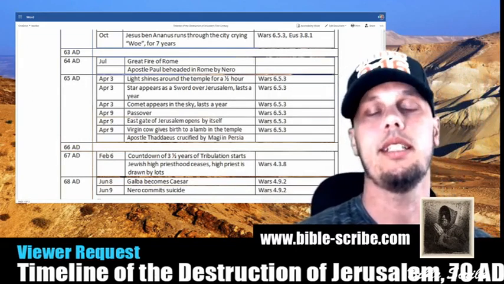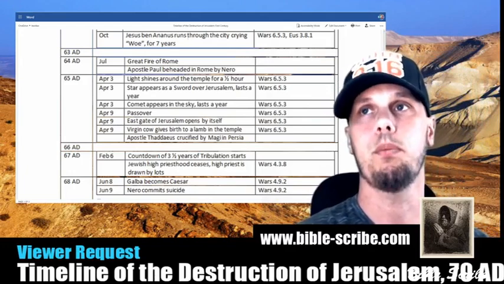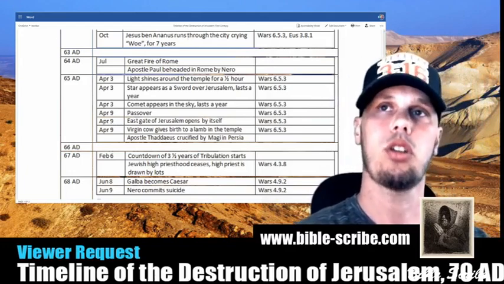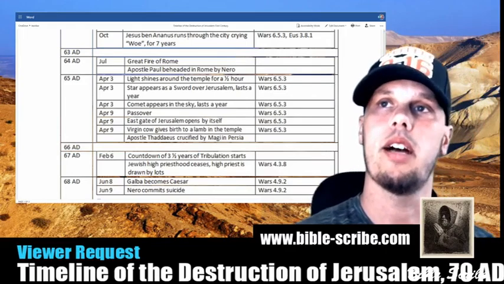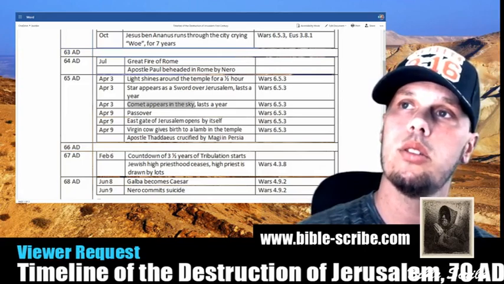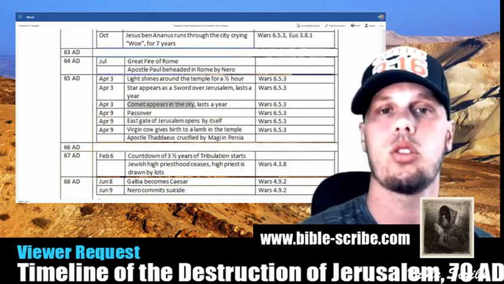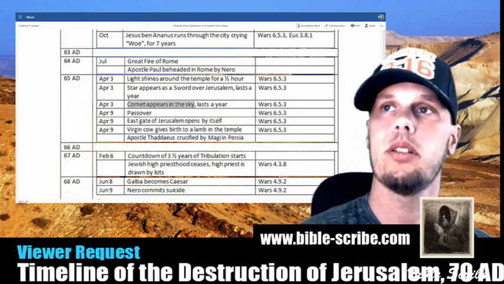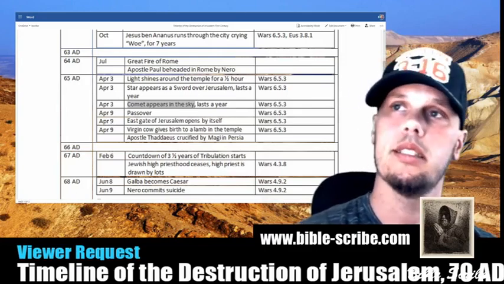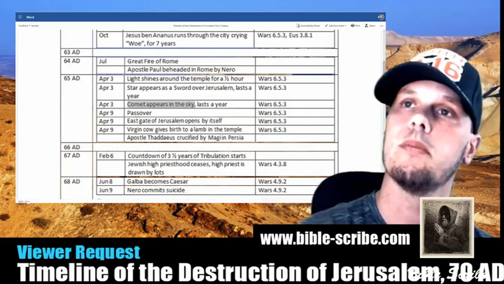This star looks like a sword, and it lasts for an entire year, starting in April of 65 AD. Also, a comet appears in the sky along with the sword star, and it's seen for an entire year over Jerusalem.